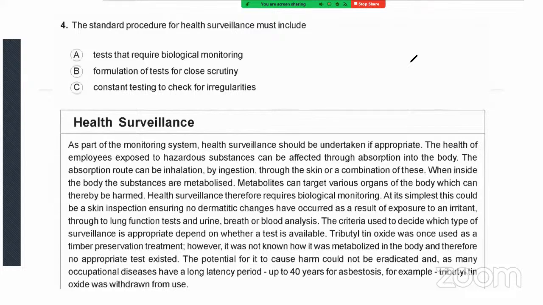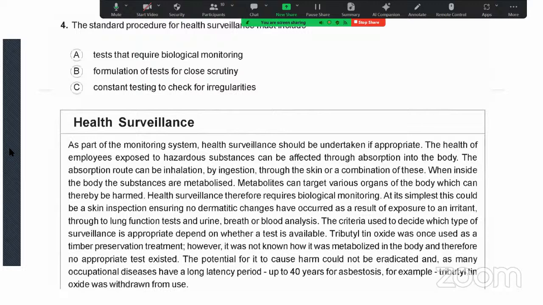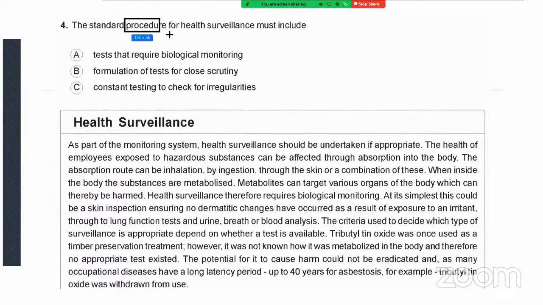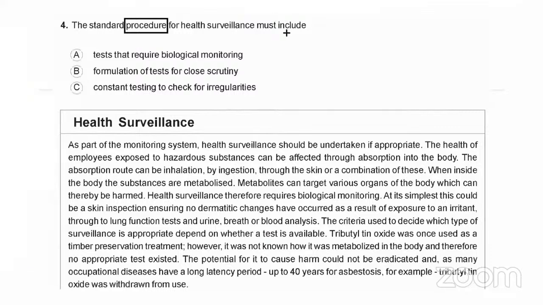The standard procedure for health surveillance must include what? Procedure for health surveillance. Procedure should include what? Include tests that require biological monitoring.